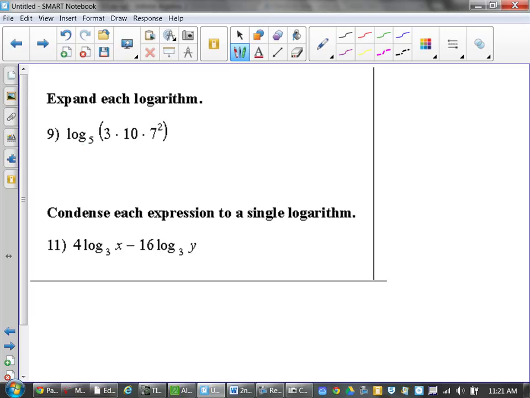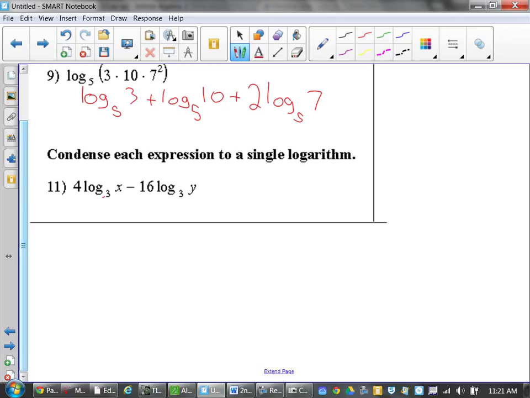Since you're multiplying between the two, you're going to have addition. And you just drop the 2 in front of the log. Going in the other direction, since you have the same log base, you're just dividing these 2 terms. It's log base 3 of x to the 4th divided by y to the 16th. That's all that those properties meant.